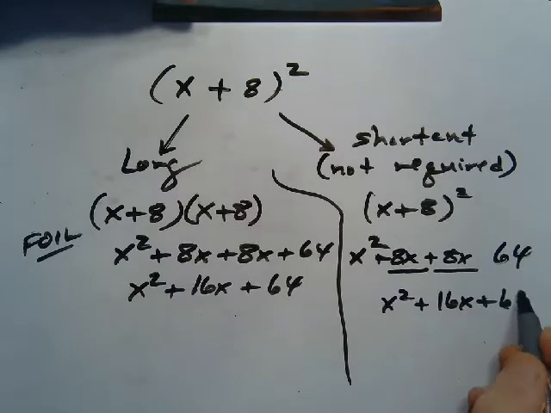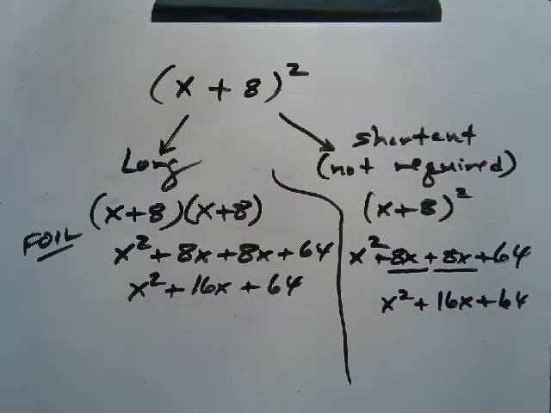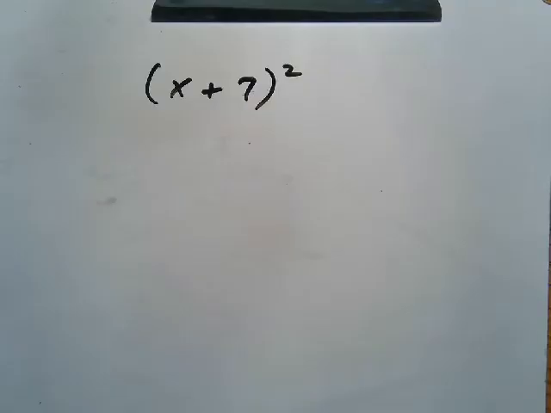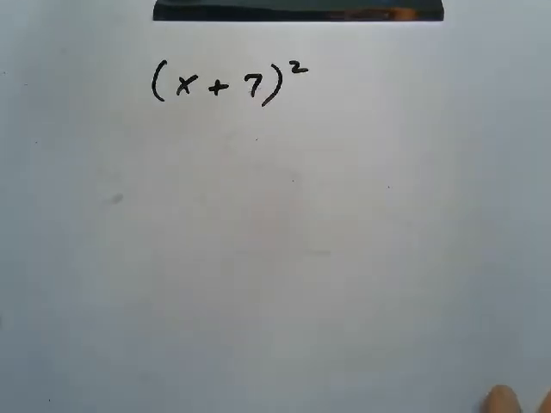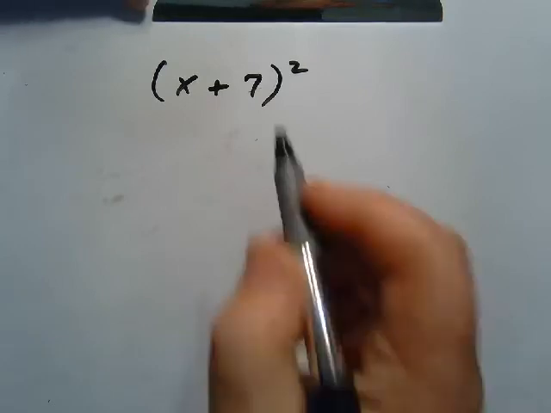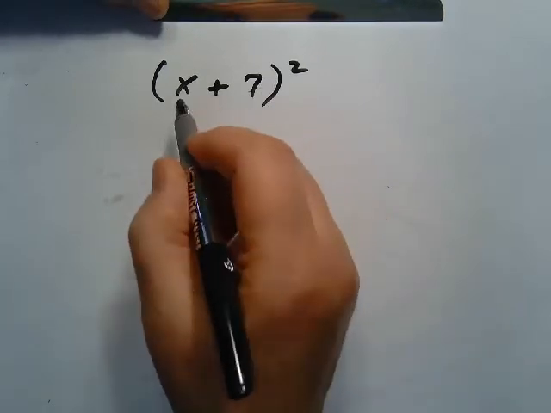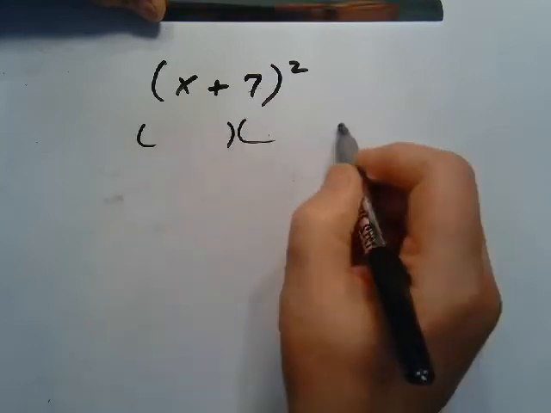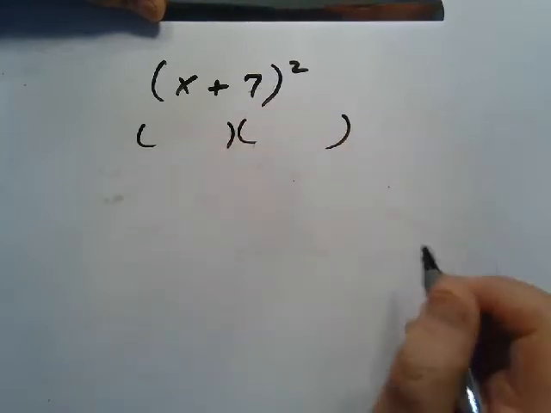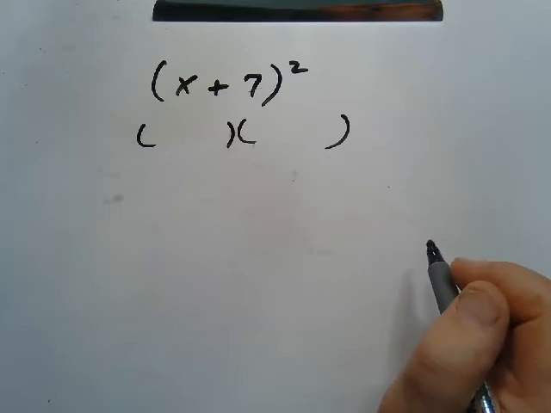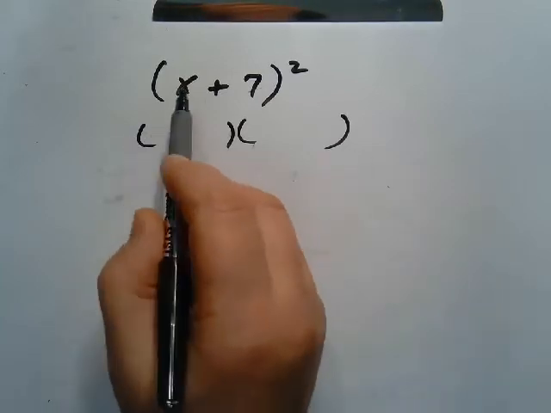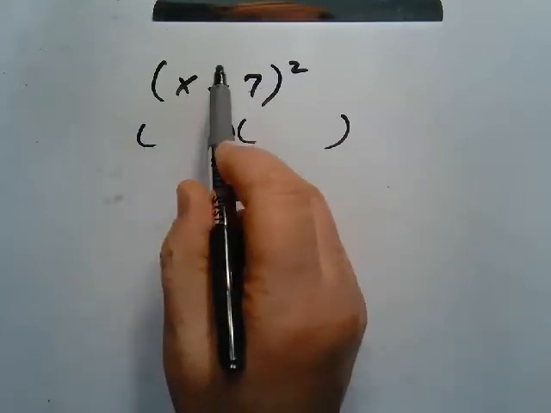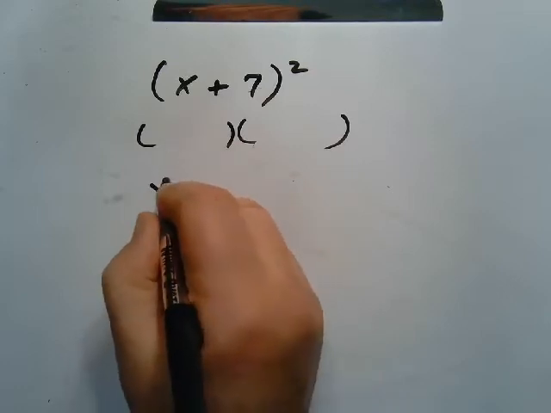Let's see if we can go a little bit farther and do a problem completely in our head. Well, we know that it's really x plus 7 times itself, but I'm not going to write that out. Well, we know x times x is going to be x squared, so I'm just going to square that first term.